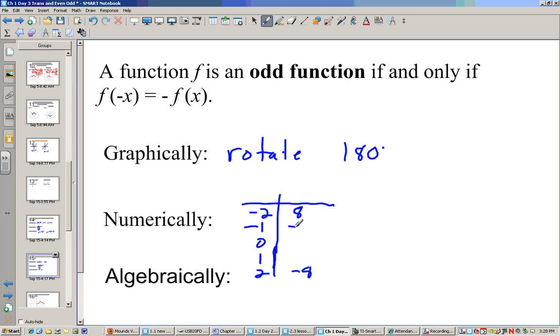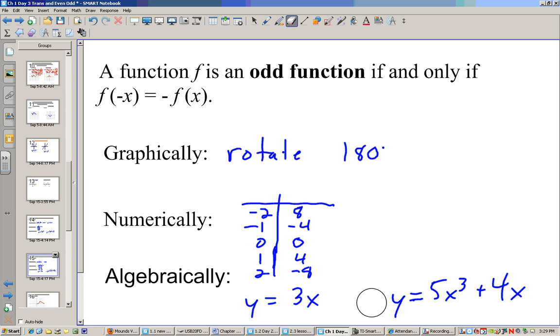If negative 1 goes to negative 4, 1 would go to 4. So it's always the opposite of the other one. And we could go 0, 0. Algebraically, it would be like 3x, because that would be x to the first. Y equals 5x to the third plus 4x. Both of these would be odd functions.